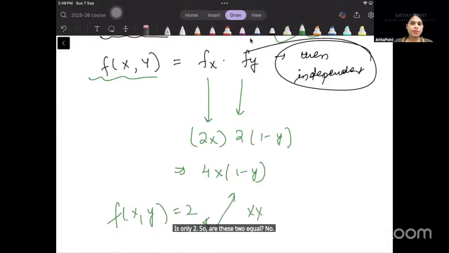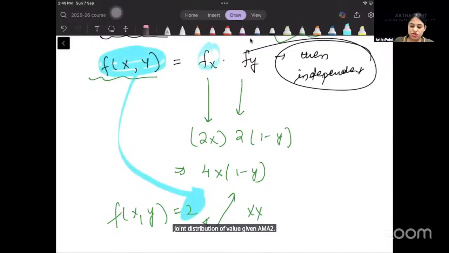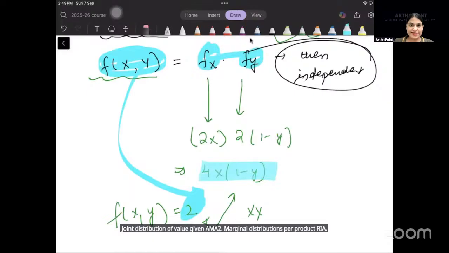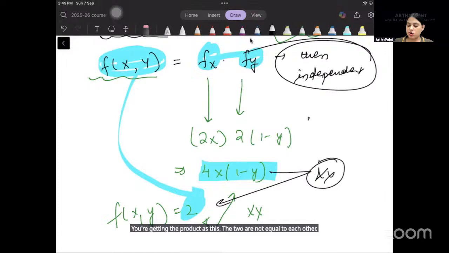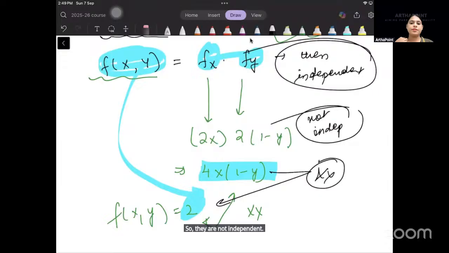No. Joint distribution का value given है हमें 2. Marginal distributions का product आ रहा है ये. The two are not equal to each other. So they are not independent. Is it clear? Any doubt in this?